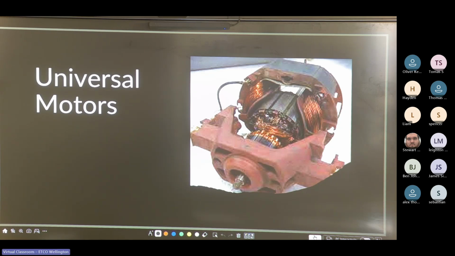Yeah, basically hit the nail on the head. The reason we call them universal is because of that reason. We can use them on AC or DC.